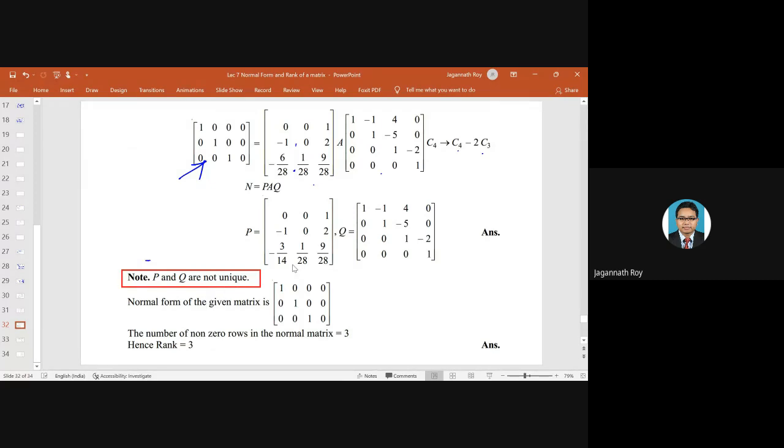The main target is to get a normal form, and this normal form will help us get two more invertible matrices, this P and this Q matrix, such that we will have the rank of the given matrix. So this is another application of the normal forms.